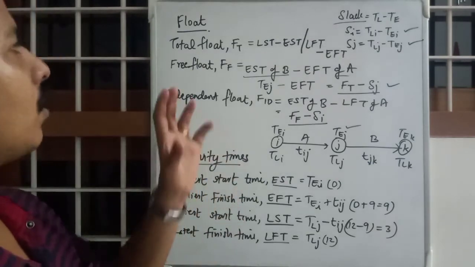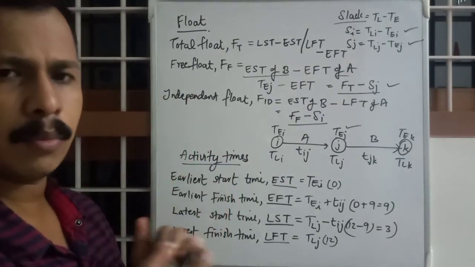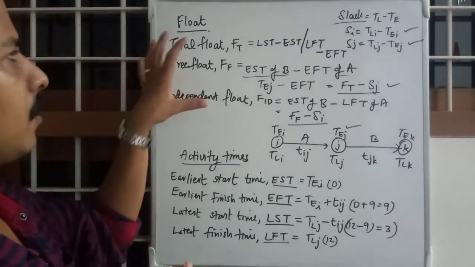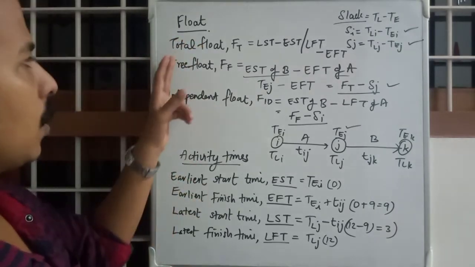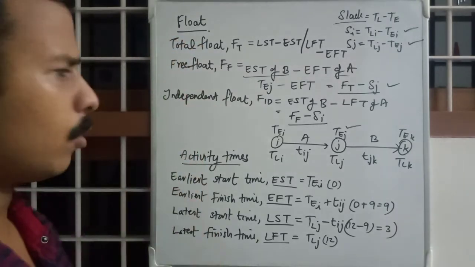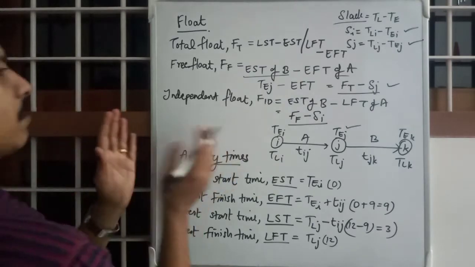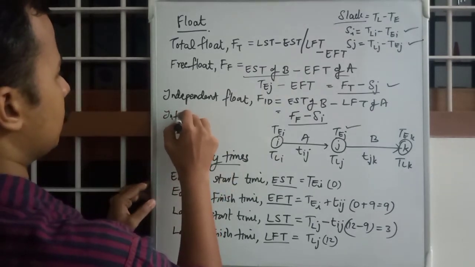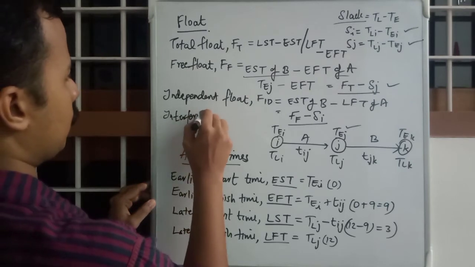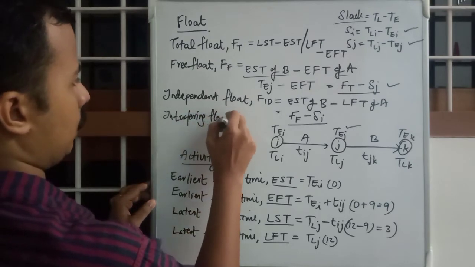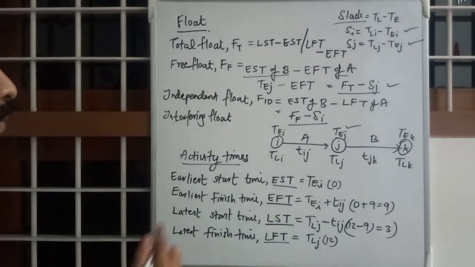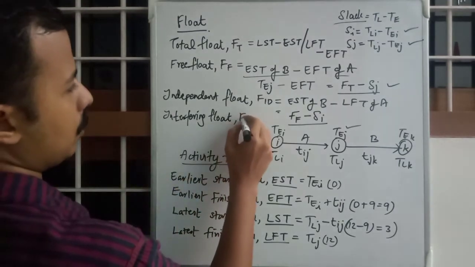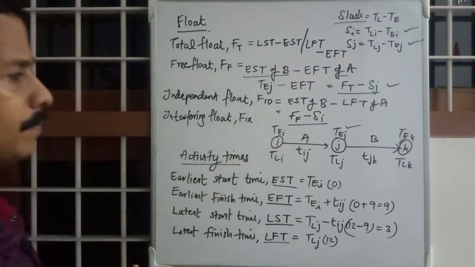There is one more type of float, the lesser important one. The main types of floats are these three: total float, free float and independent float, and one more to name it. This just comes under this classification: interfering float, that is FIR.